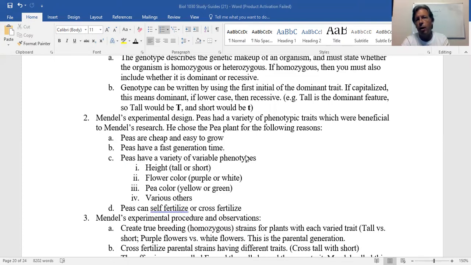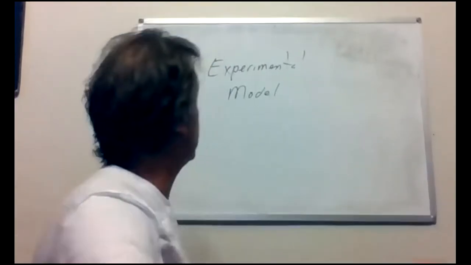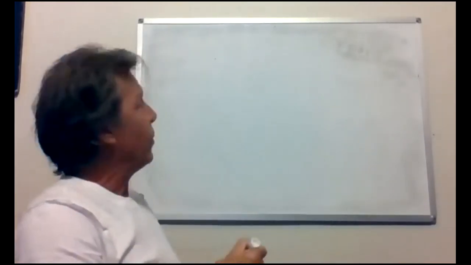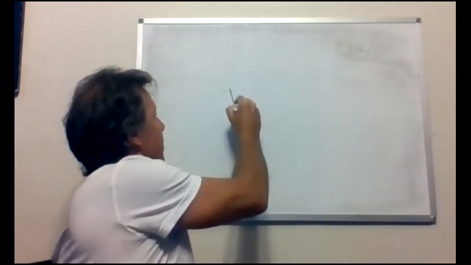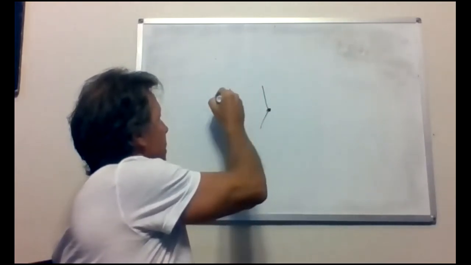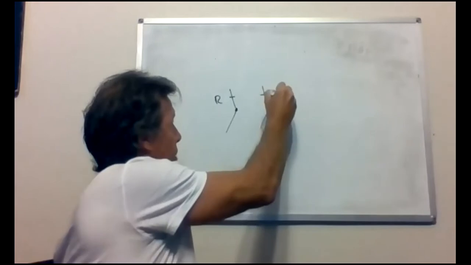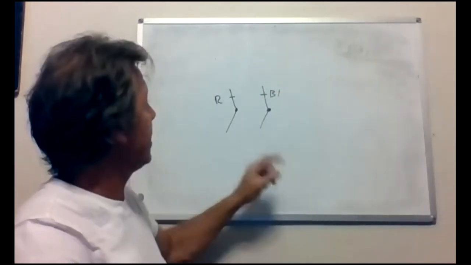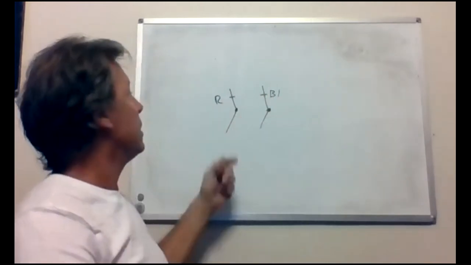Now, what do we call that? Let's take this off for a minute. The way we did this was we said that we have a maternal and a paternal chromosome, and I've got red hair and black hair. But when I make my gametes, my sperm and my egg, I'm only going to pass on one of these.